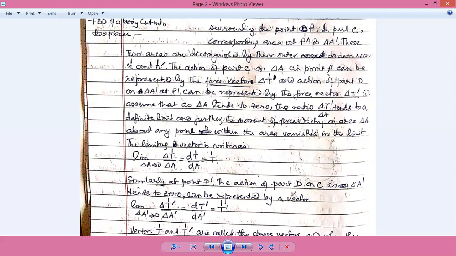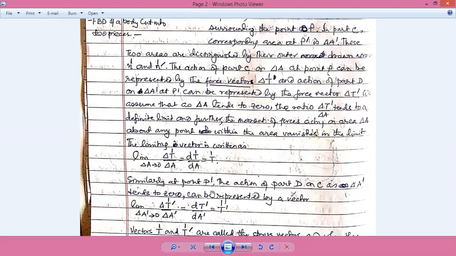The limiting vector is written as delta T divided by delta A, as delta A tends to 0. This ratio will become dT dash by dA, or simply T dash. It is not the force but the stress acting on the differential element delta A, which is the stress itself.